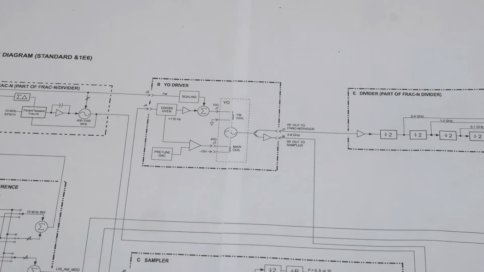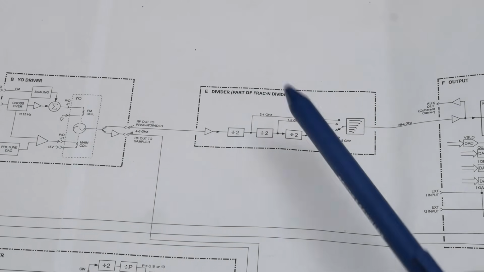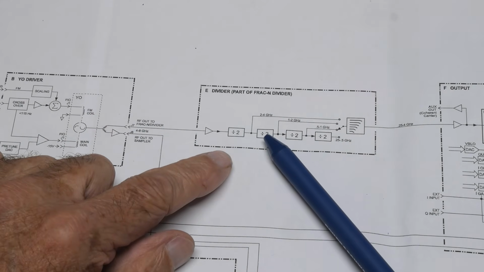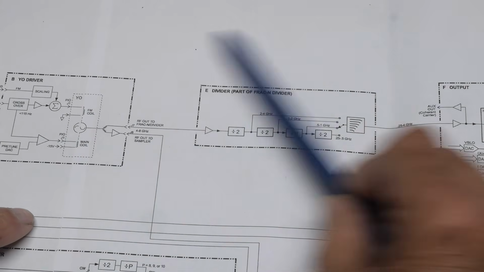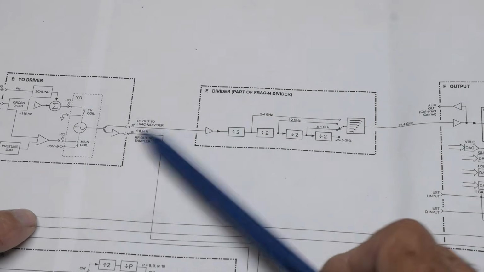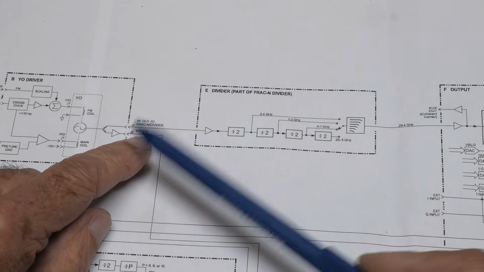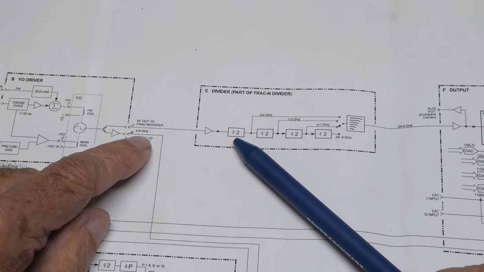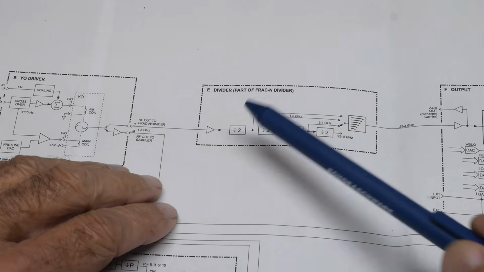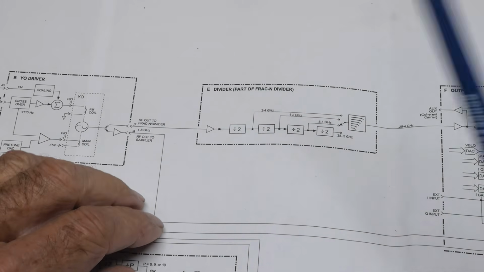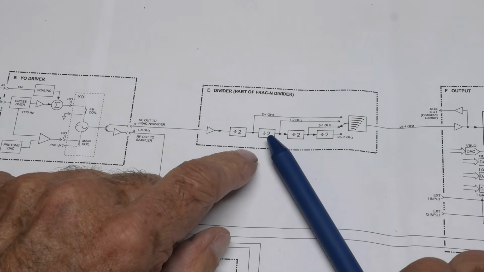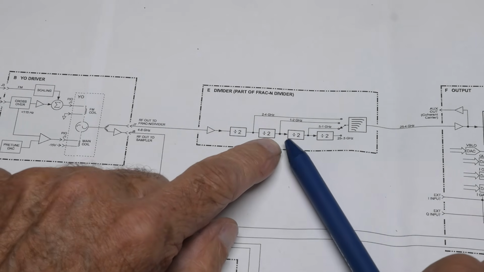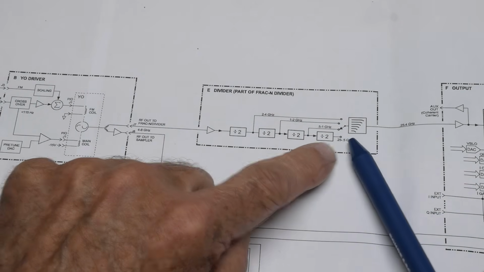Well, the next stage is a divide by 2, a divide by 2, a divide by 2, and a divide by 2. So in the simplest form, this 4 to 8 gigahertz signal is immediately divided by 2, all right? And that makes it 2 to 4, right? And so you can divide it by 2 again. That gives you 1 to 2, or half to 1, or below that.